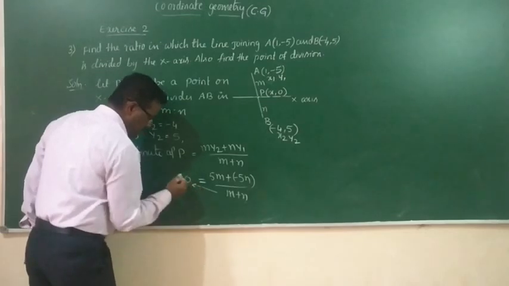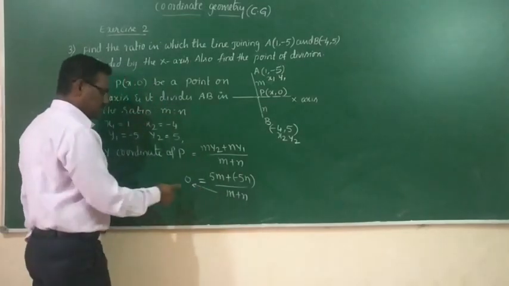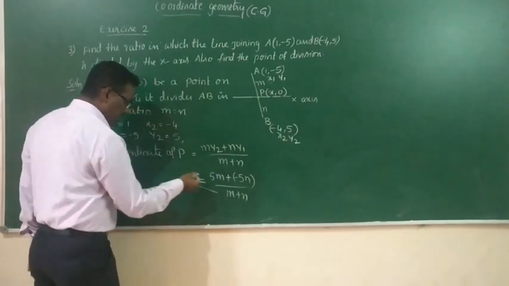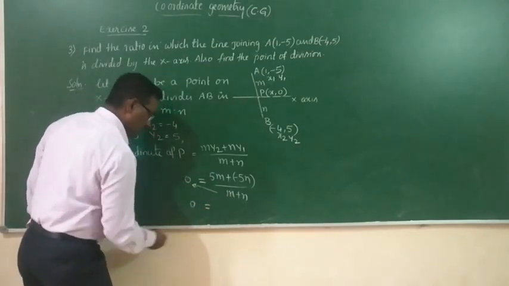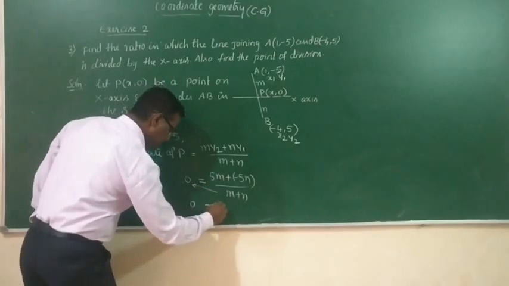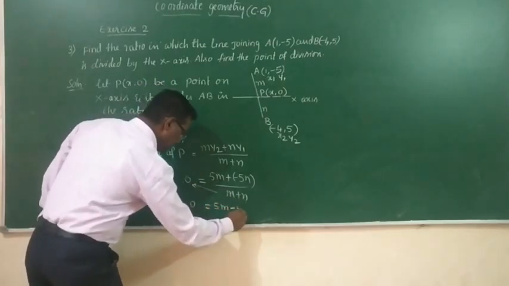By transposing the denominator of the RHS, we get (m + n) times 0, which is 0. So 0 = 5m - 5n.